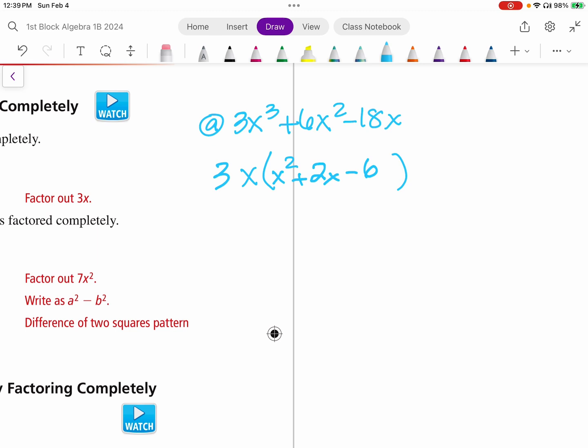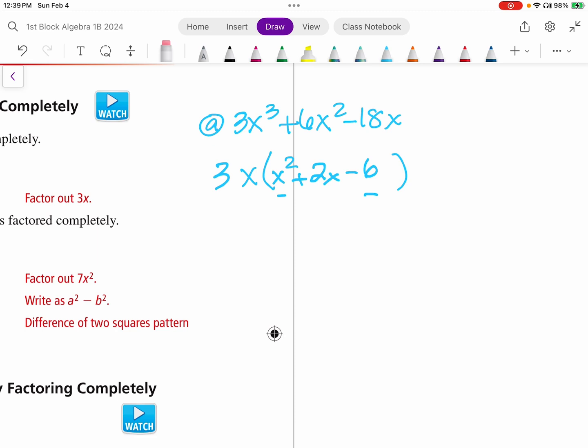Awesome. Now I'm going to look and see it's a three-term, it's a trinomial, so I'm going to check if it's a special trinomial. Is this a perfect square trinomial? Is x squared a perfect square? Yes, it is. Is 6 a perfect square? No, it's not.